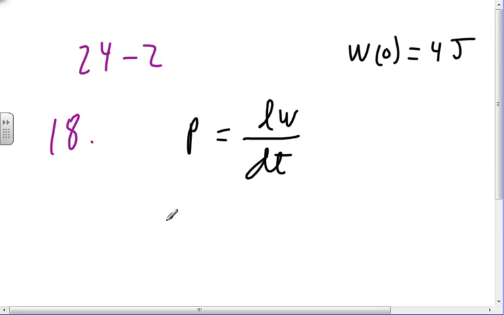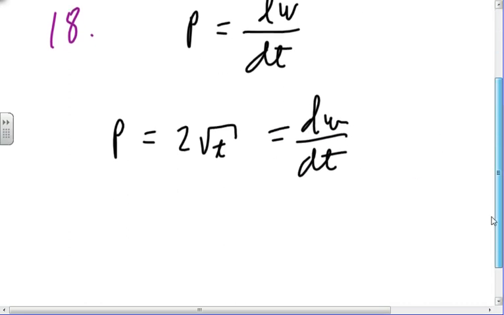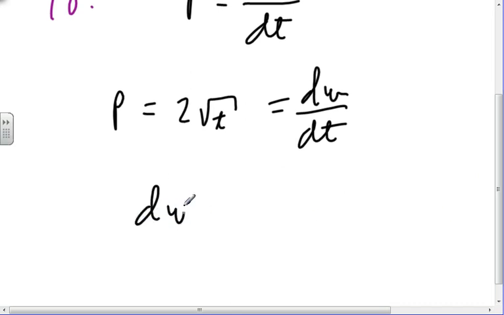Okay, so power is 2 the square root of t, which is also dW dt. So dW is 2t to the 1/2 dt.